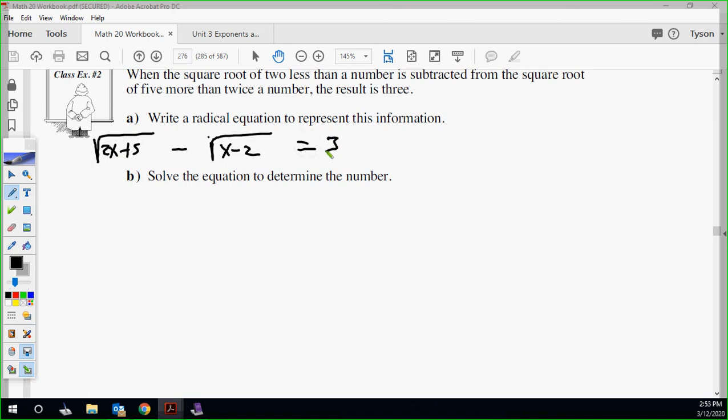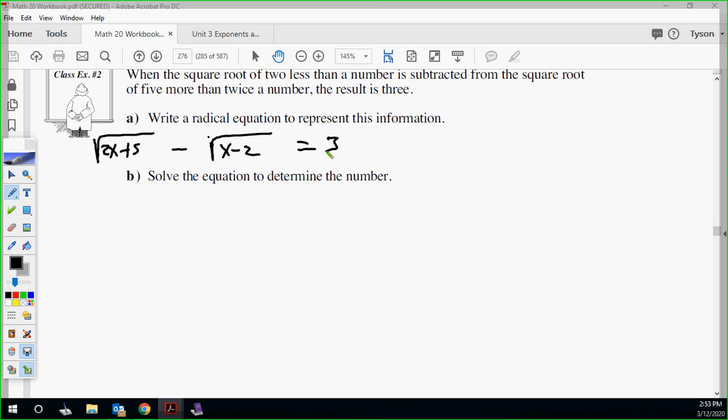That's your equation we're dealing with. So I'll read it one more time. When the square root of 2 less than a number, so that's the middle radical there, x minus 2, is subtracted from, so we're subtracting this from this radical of 5 more than twice the number, the result equals 3. That's how you translate that.